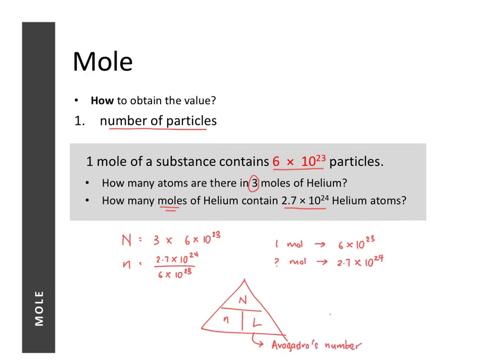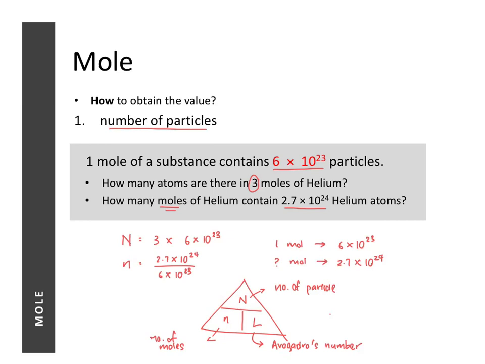Okay, and then once again capital N to represent number of particles, and then small n to represent number of moles. Alright, so how do we use a triangle like this? It actually allows you to deduce the formula depending on what you want to find out.